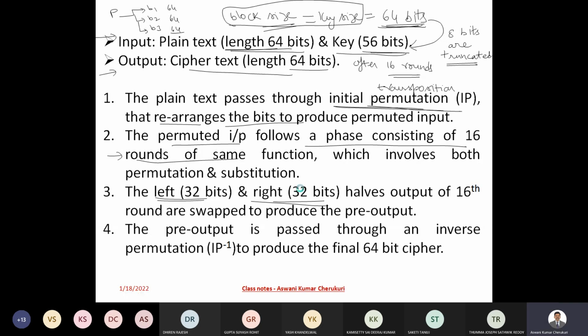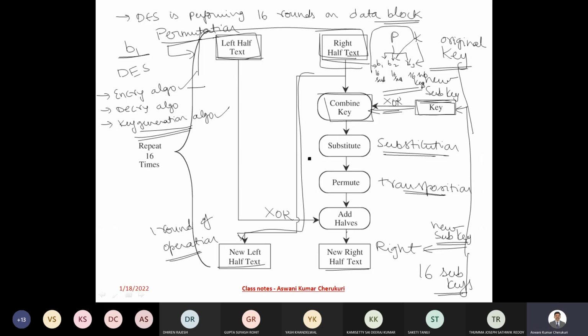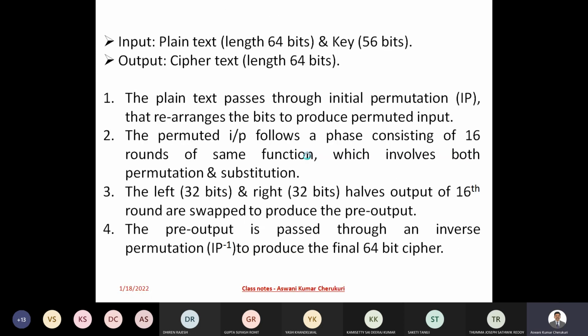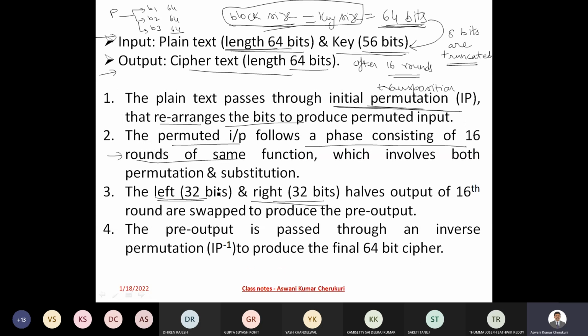Once you complete the 16 rounds of operations on this block, whatever you get at the end of the 16th round, you call it the pre-output. That pre-output would again undergo the inverse permutation operation. Remember, you have already done the permutation here, so for that, this inverse operation would be done here.